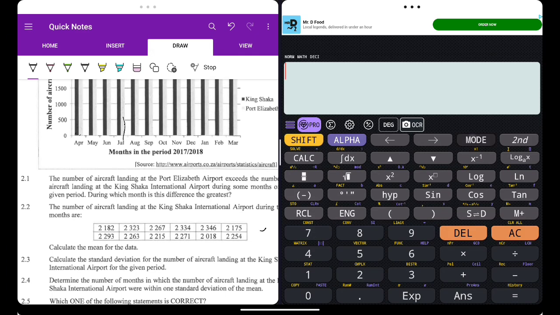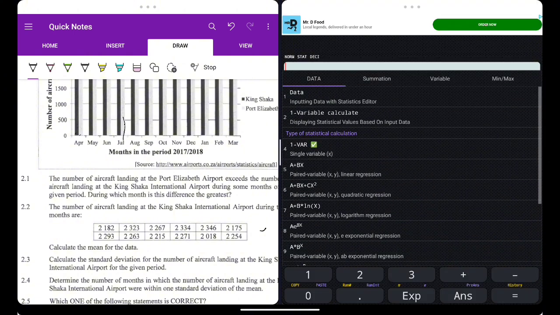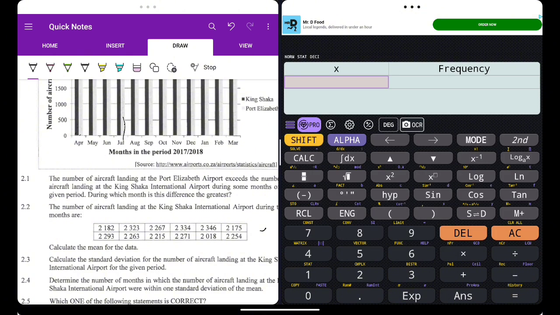Now we press mode. We go to statistics. In this calculator, it depends on your calculator, but go to statistics and then go to where you see VAR on your calculator, and then you punch in the data.